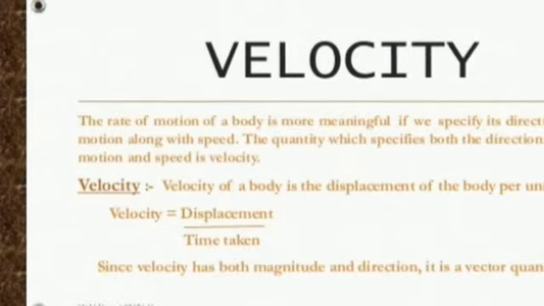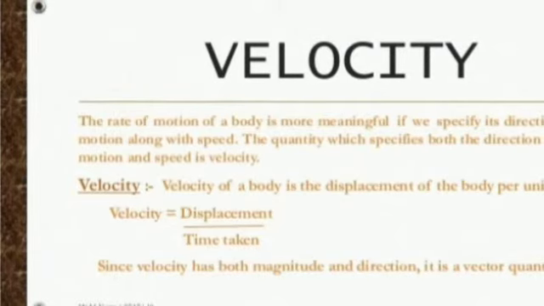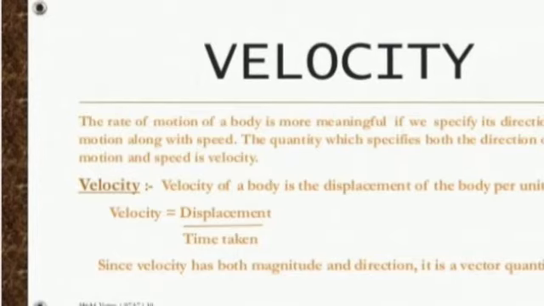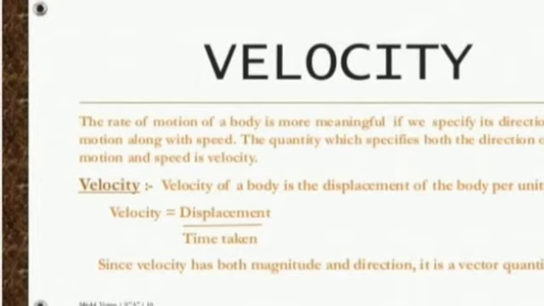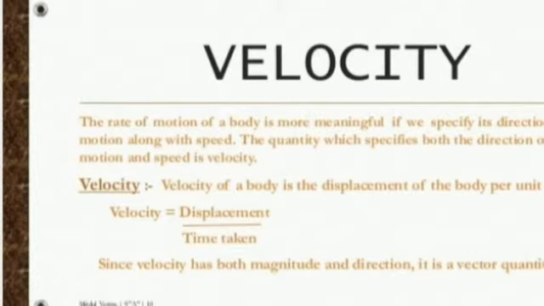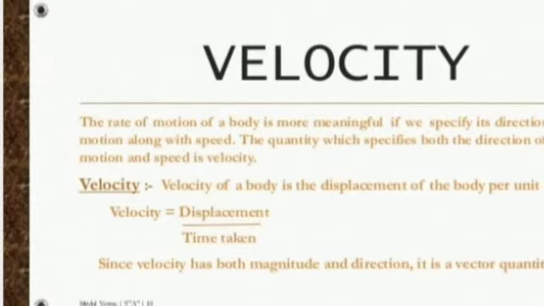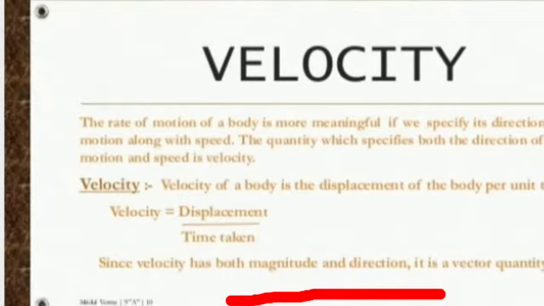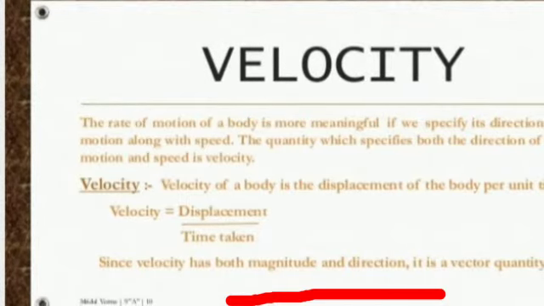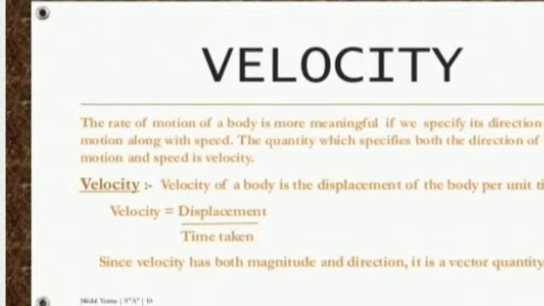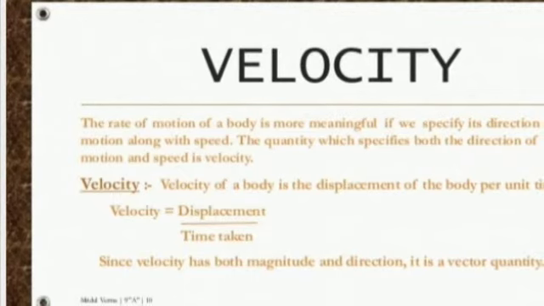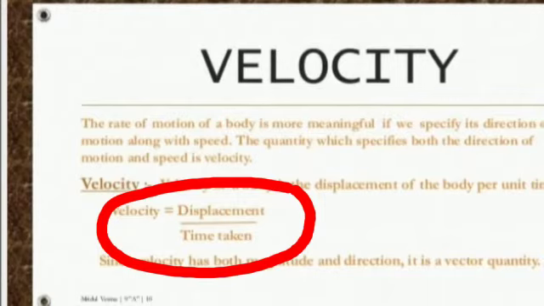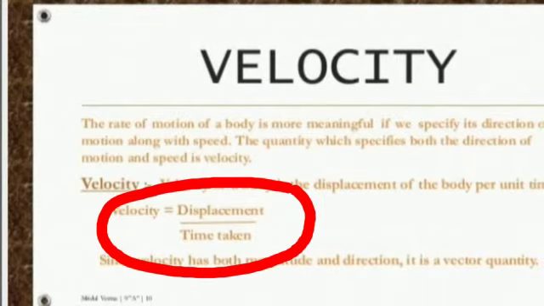I told you, speed plus direction we call velocity. Speed and the same direction both combine into velocity. So velocity of a body is the displacement of the body per unit time. Try to understand the difference between velocity and speed here.